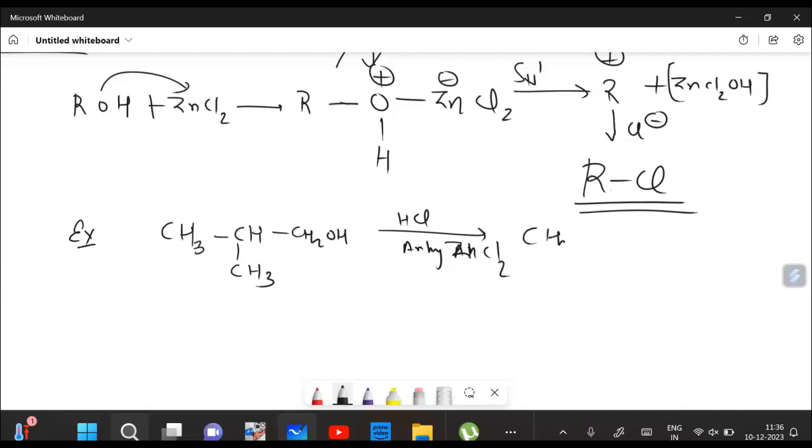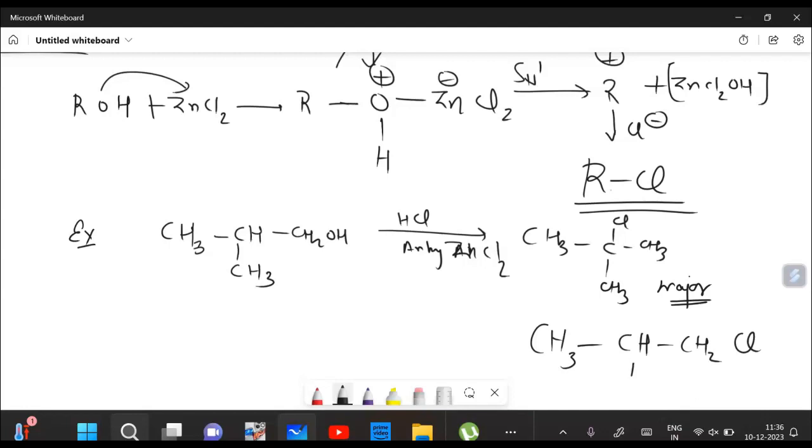It will give CH3 CCl CH3 CH3. This is major because of the rearrangement, and then we have CH3 CH CH2Cl CH3. So this is minor because there is no rearrangement.